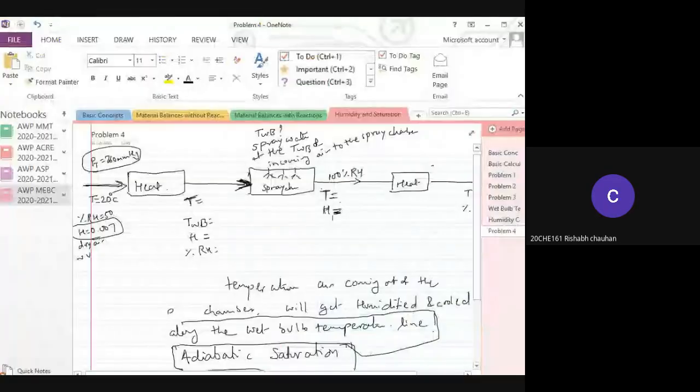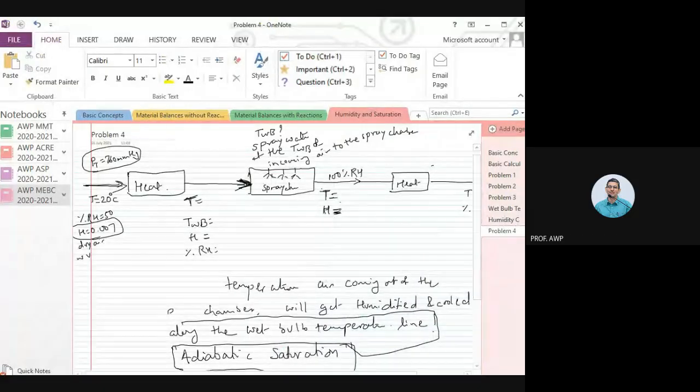Ram is there. Virtually he is there, physically he is not there. So again the screen blacked out. This is so weird. Today it is creating such a weird issue.